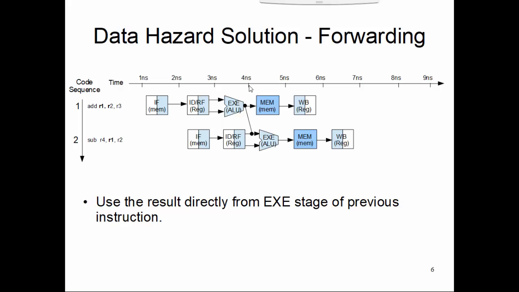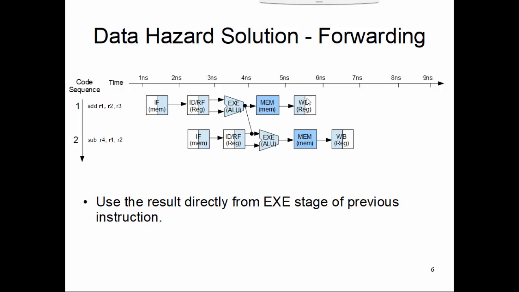The updated value of R1 is available at the end of the third cycle of the first instruction, right? That's when we are adding the values from R2 and R3, and that addition result is ready, even if it has not been committed into the register file, which will eventually be done at the write back stage between 5th and 6th nanosecond.